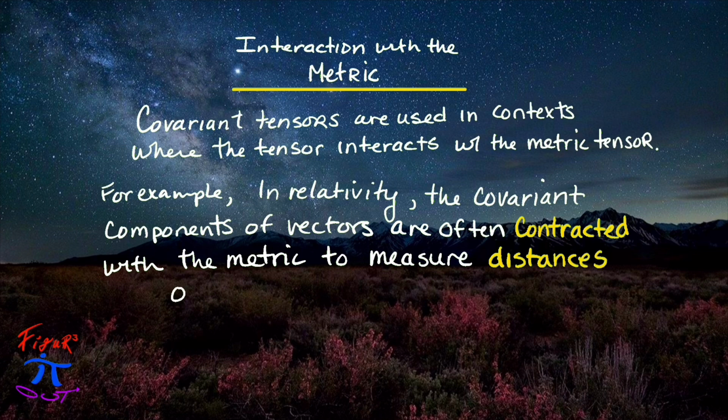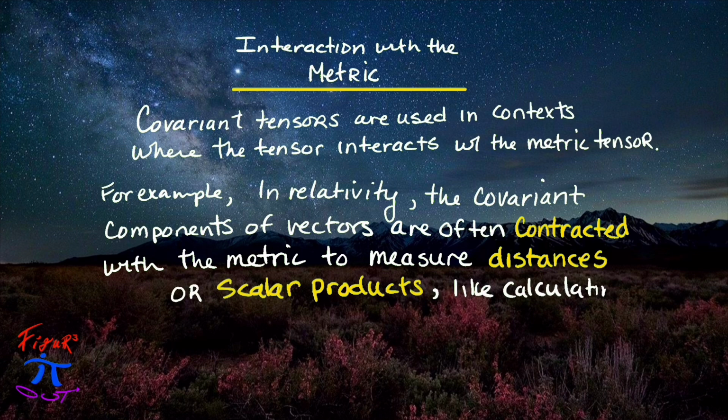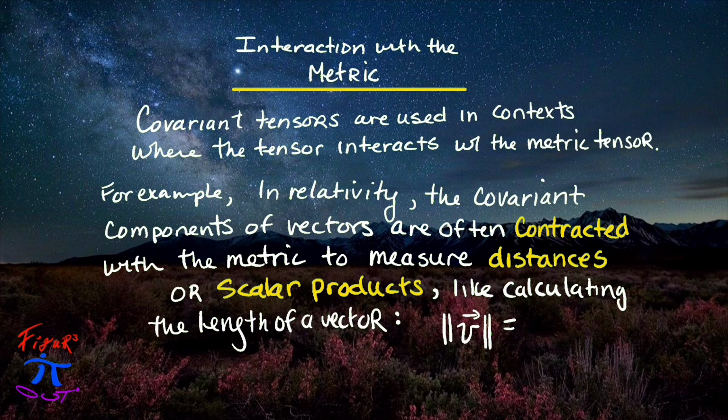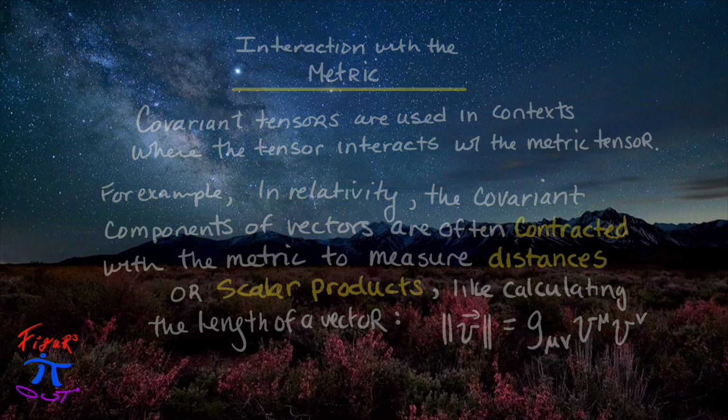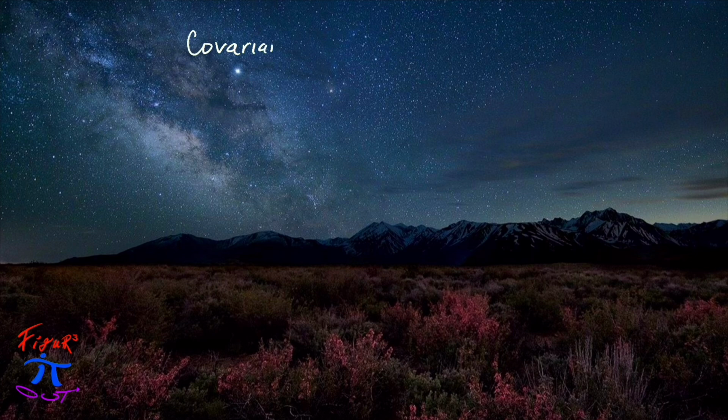That is to measure distances or scalar products. Like when we're calculating the length of a vector, here given in tensor form. So interaction with the metric under contraction and inner product allows us to find things like length.